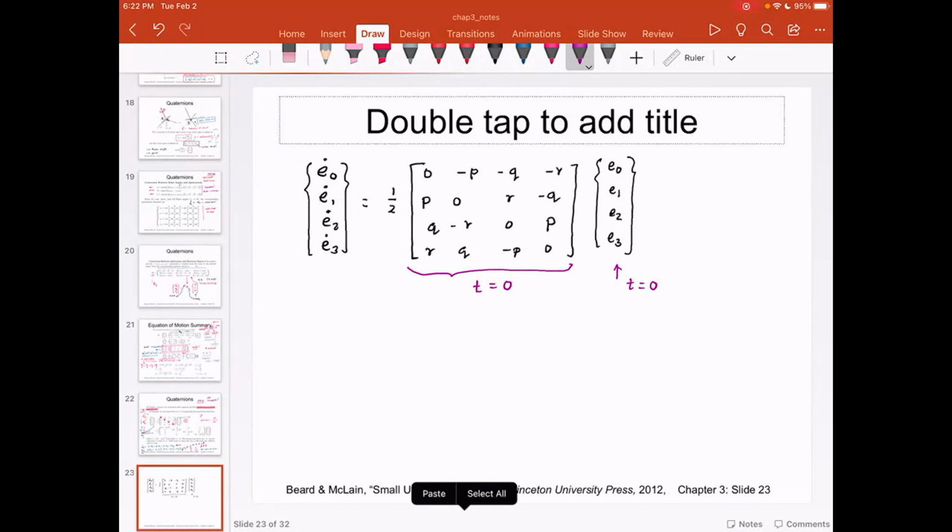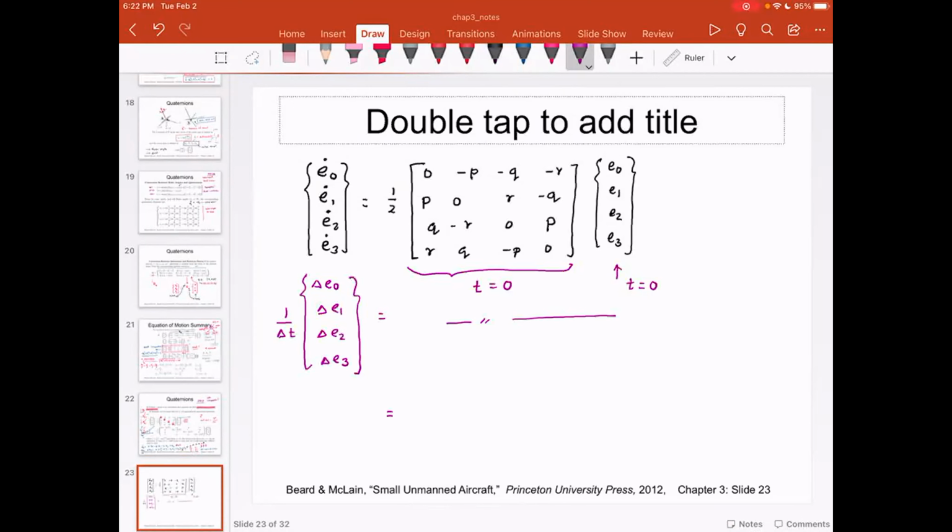If your time step is known, say delta E naught, delta E1, delta E2, delta E3 divided by delta t is equal to this entire equation.